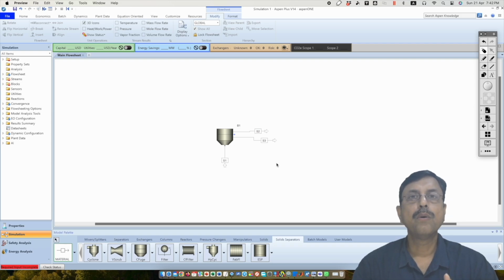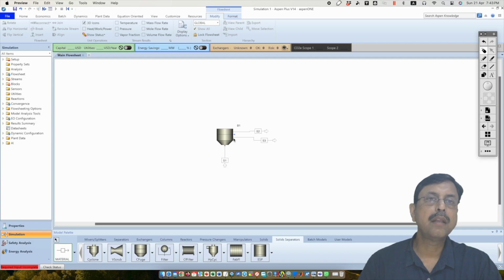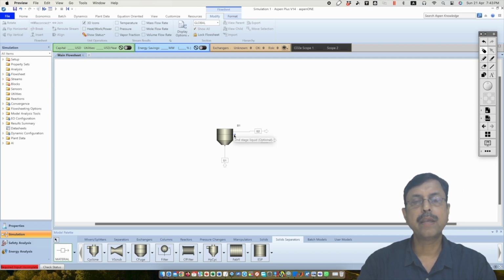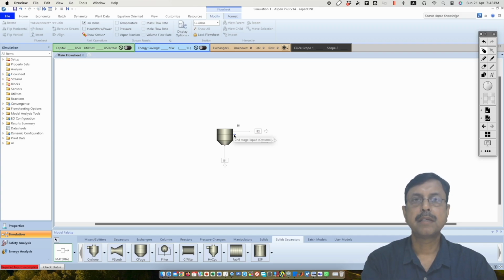So you have one compulsory feed and two compulsory outlets, one liquid outlet and one solid outlet. There are also optional extra outlets. Suppose you have two immiscible liquids, then you can separate them with this centrifuge operation, and you can earmark the outlet for individual liquids.